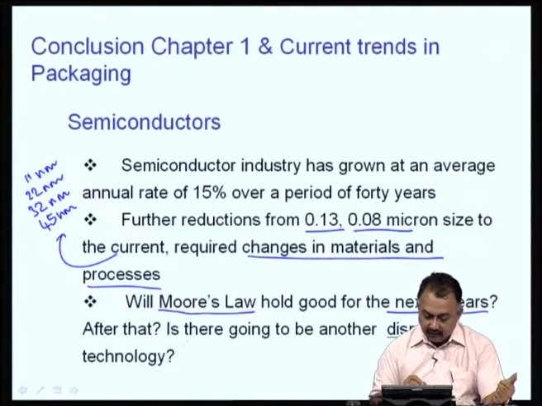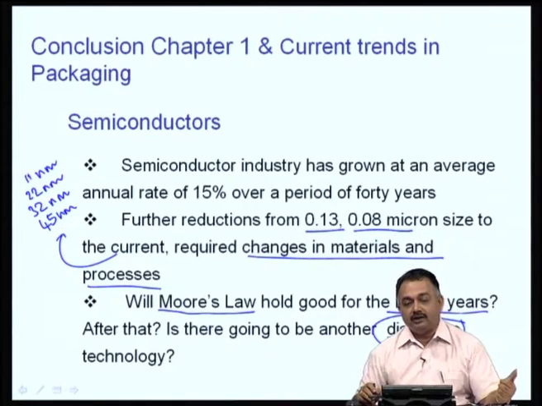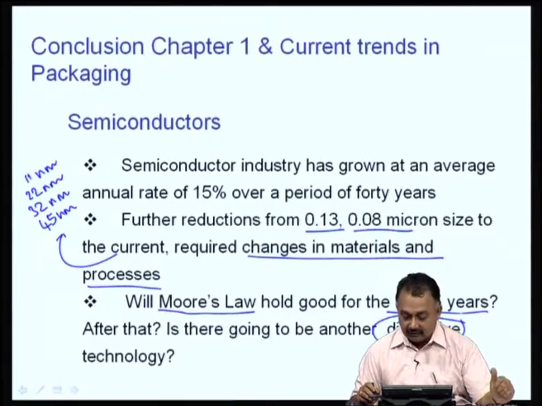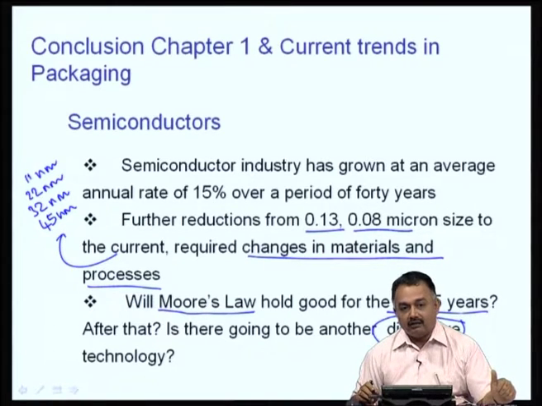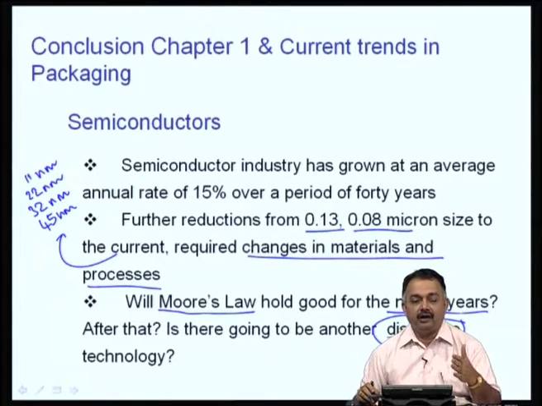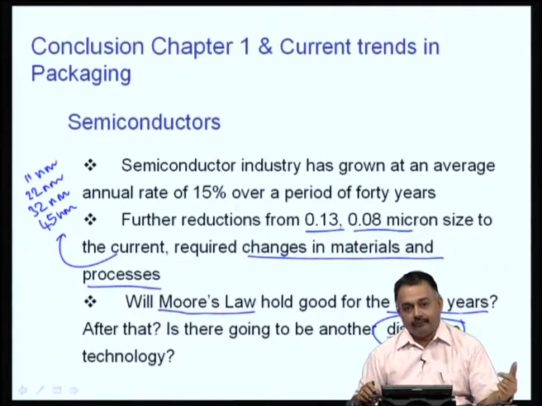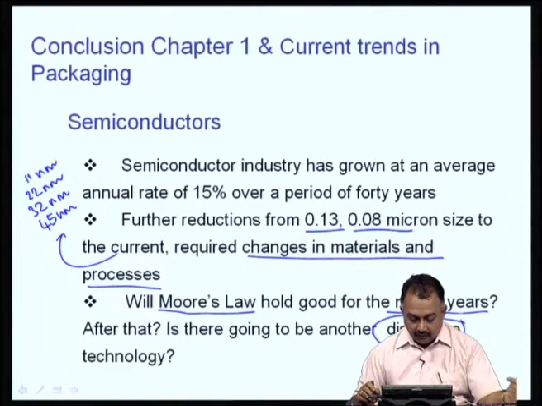So, is there going to be another disruptive technology? I use the word disruptive, as you can see here in this slide, disruptive technology. Why do I say disruptive? Because a new technology has to come and revolutionize the imaging process. So, that can be disruptive in the sense that the entire process can take a new look, okay, and that can be beneficial for the semiconductor industry.